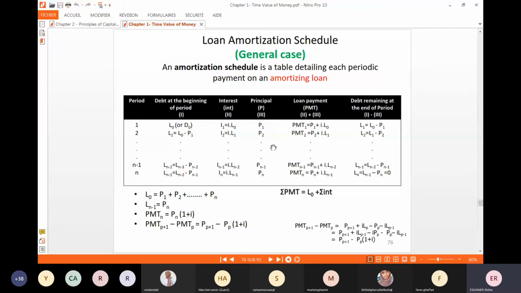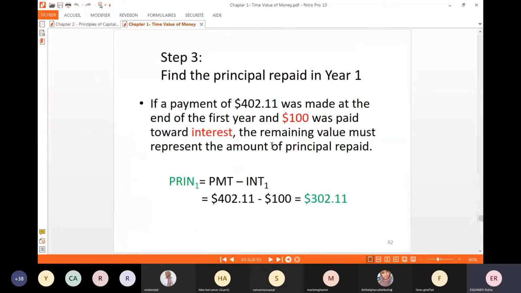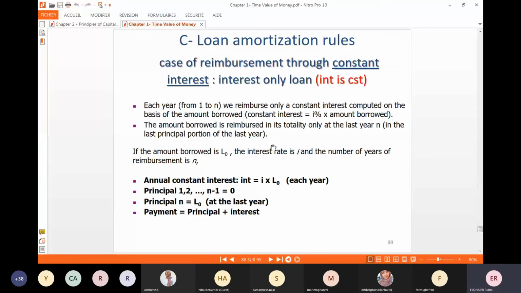This means that each period we will reimburse only the interest. This is why this modality of reimbursement is also called the interest-only loan. Interest-only loan means that each period we reimburse only the constant interest computed on the basis of the borrowed amount, which is I times L0.